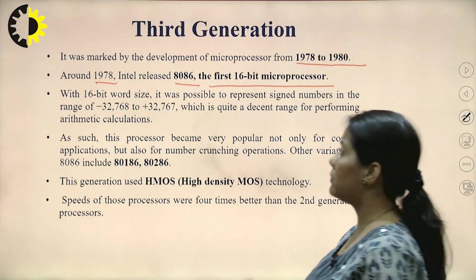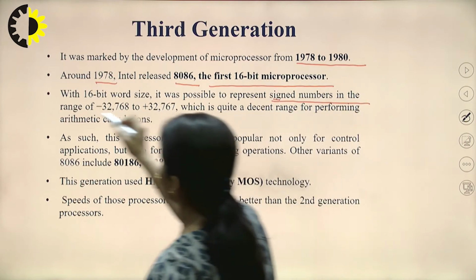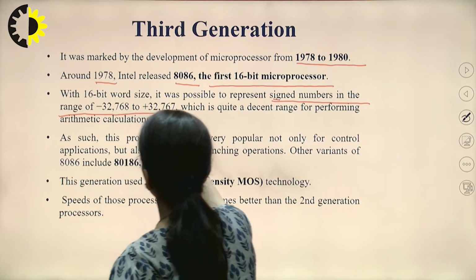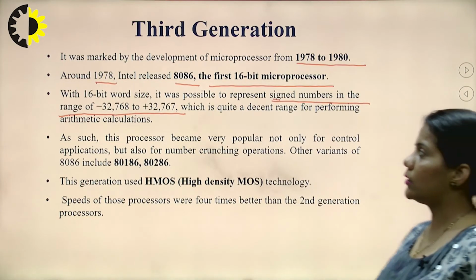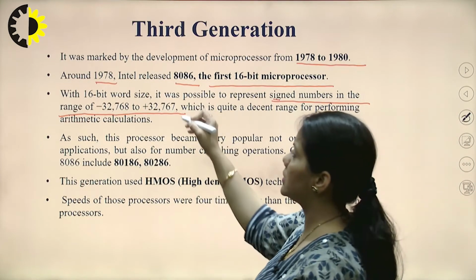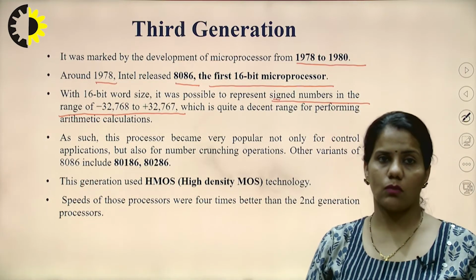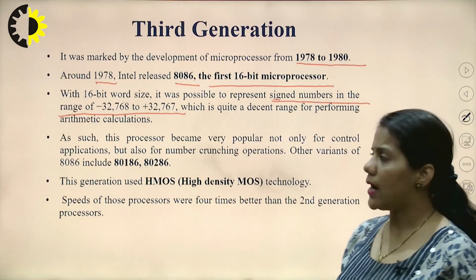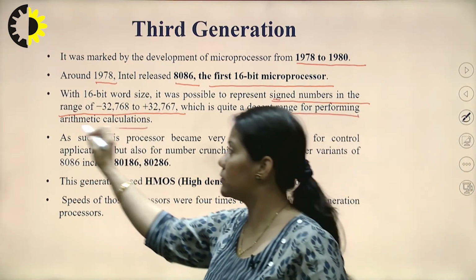With the 16-bit word size, it was possible to represent signed numbers in the range minus 32,768 to plus 32,767. This was the range since the word size was 16 bits. And this is quite a decent range for performing arithmetic calculations.